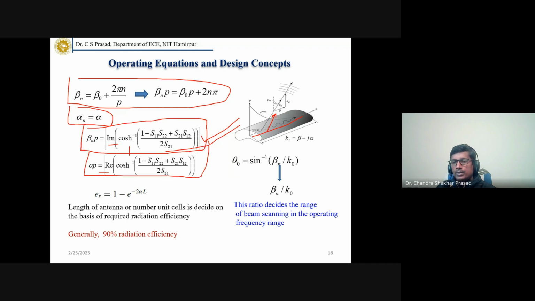So let's say this is your structure that is going to leak energy. Now the question is, what should be the length of this structure? That is decided by how much radiation is needed, or when we can say the structure is radiating properly. The general cutoff is that if radiation efficiency is 90%, then that length is okay to design a leaky wave antenna.